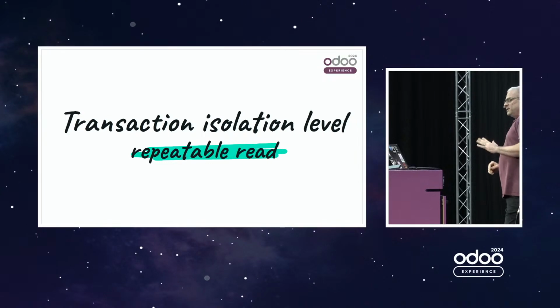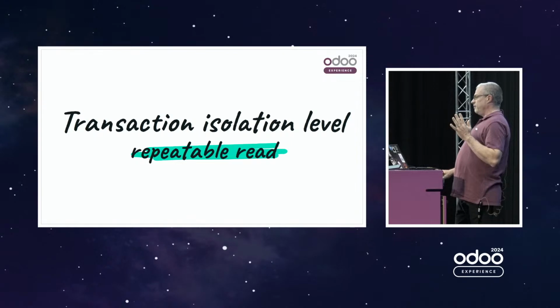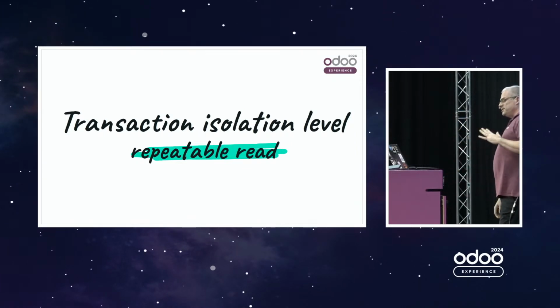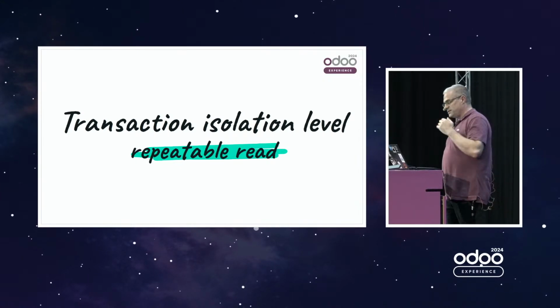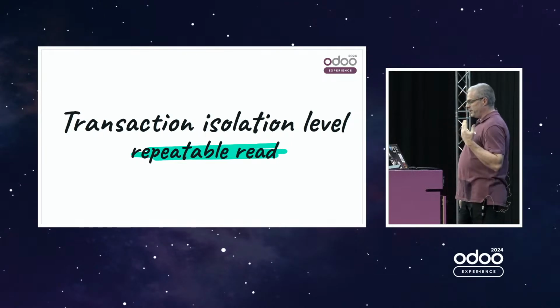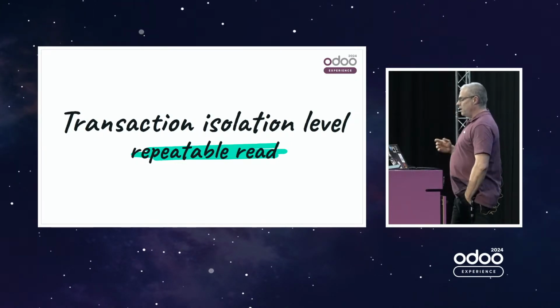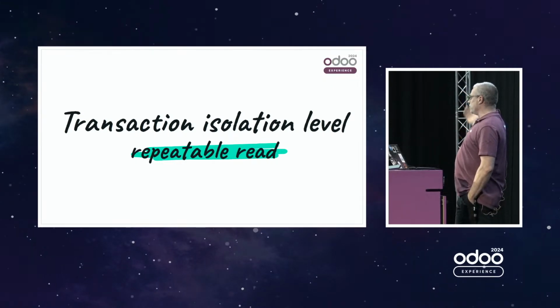This one is one of the most important requirements we have for a database system with Odoo. The transaction isolation level. The transaction isolation level is defined in Odoo as repeatable read. The transaction isolation level is what the system sees when it performs a query.